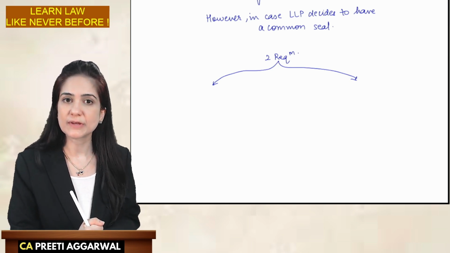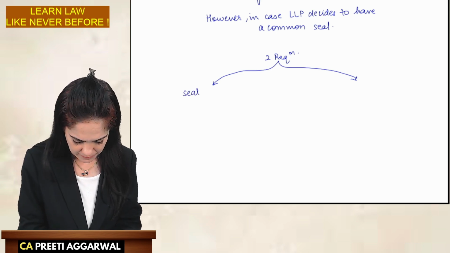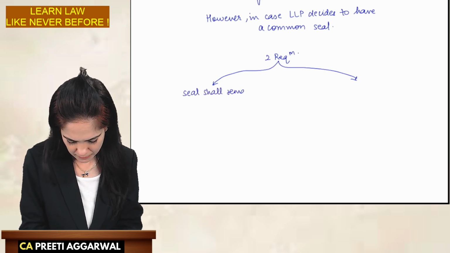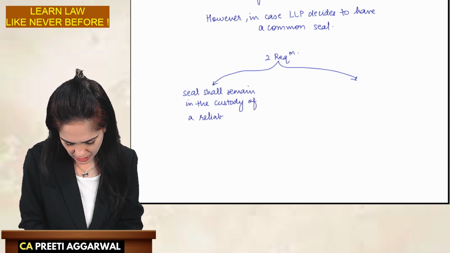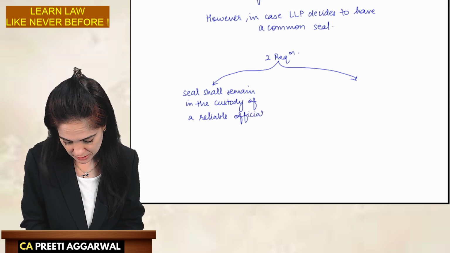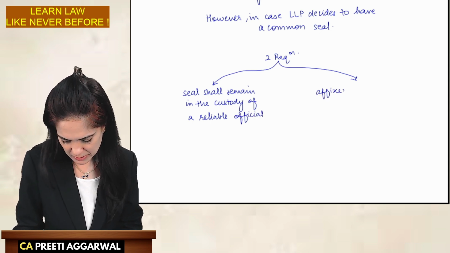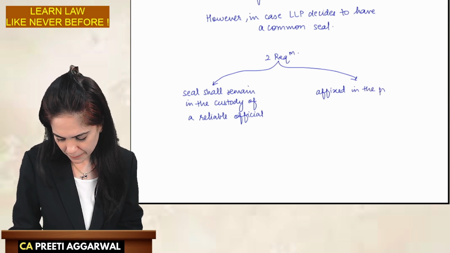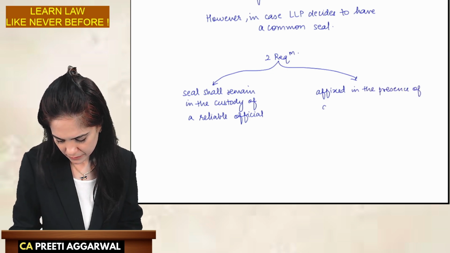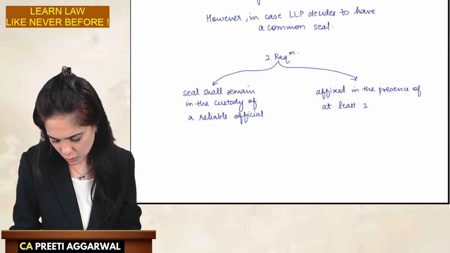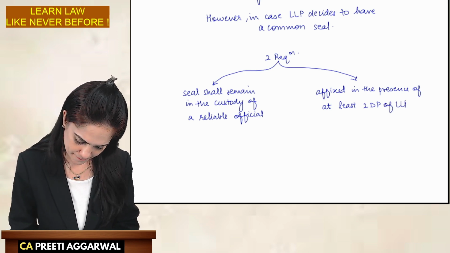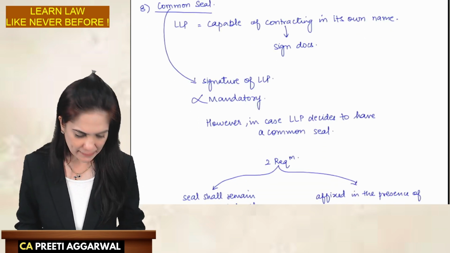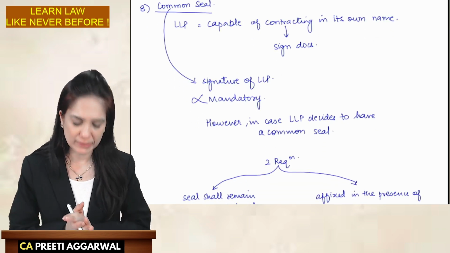So the seal shall remain in the custody of a reliable official, somebody whom you can trust. And it must be affixed in the presence of at least two designated partners. So yes, it is not compulsory, but in case you choose to have one, then there are two requirements.